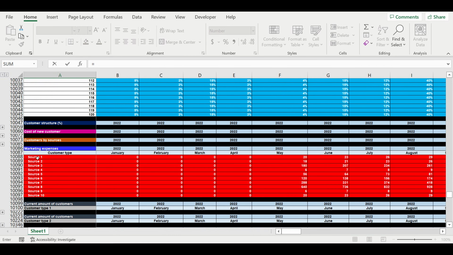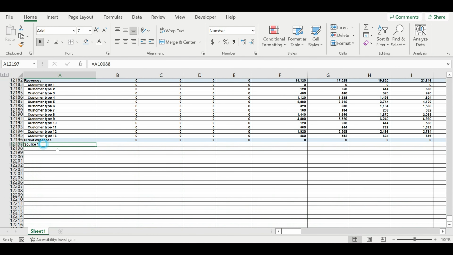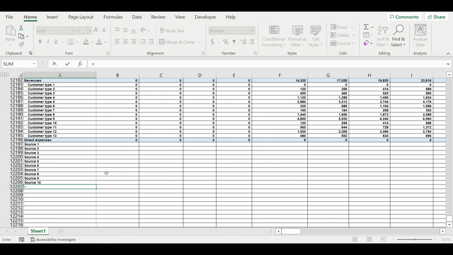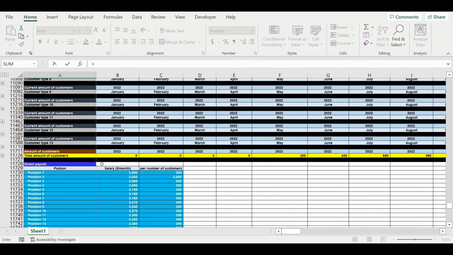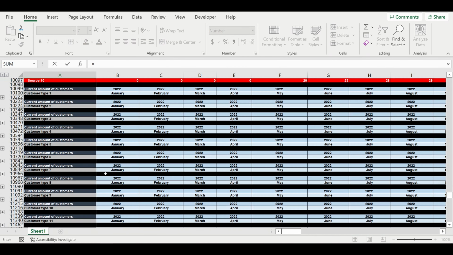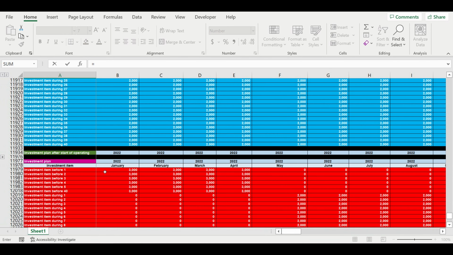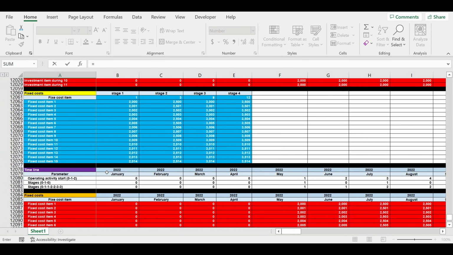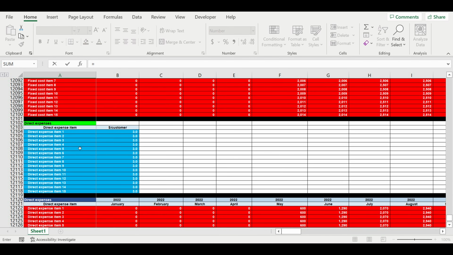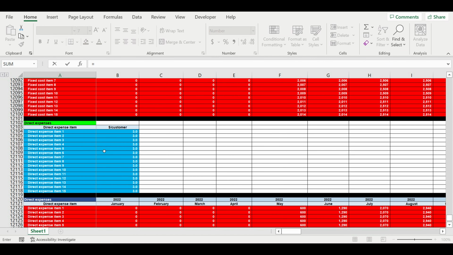Marketing expenses. Then we also have some direct costs, direct payroll, investment plan, and we also have other direct costs depending on how many customers we have at the moment.